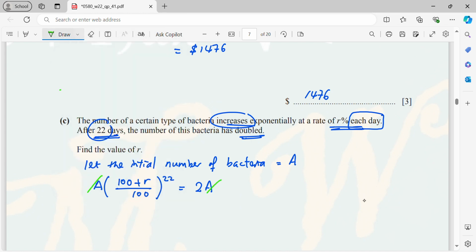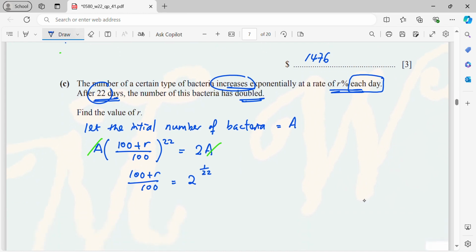And now we need to find what is the R. That means now here, I will get 100 plus R over 100. The power 22 moves to the other side, becomes power of 1 over 22. Okay, it's like this. I need to make it to power 1.